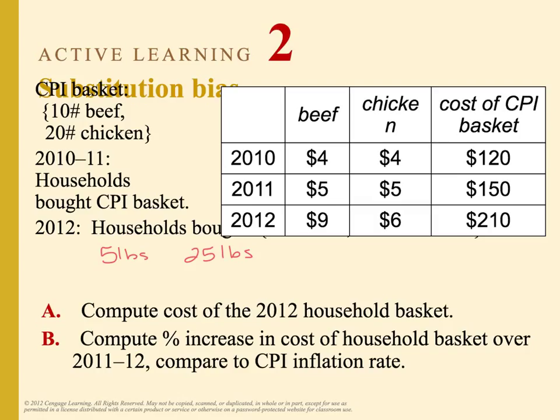So it's asking us to compute the cost of the basket in 2012, then compute the percentage increase in the cost of the household basket over 2011 and 2012, and compare that to what we had previously calculated for the inflation rate.